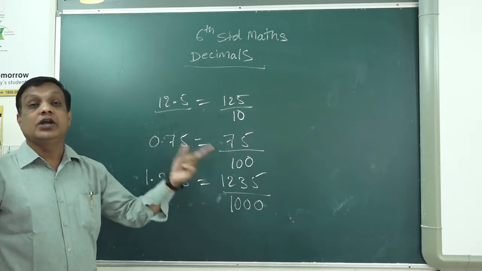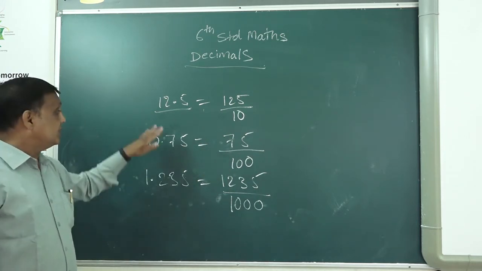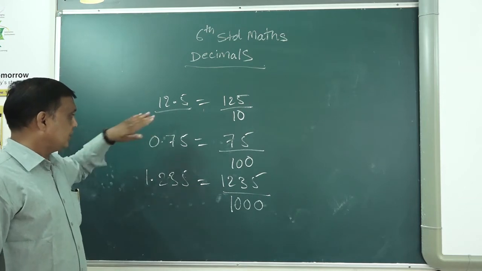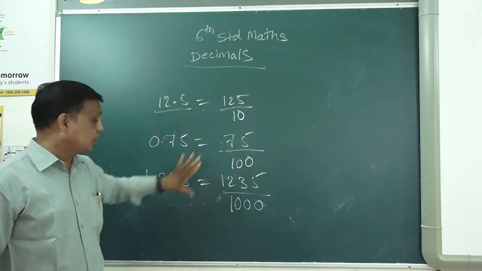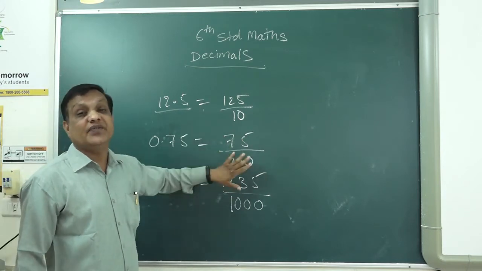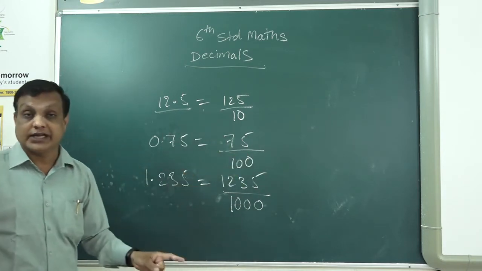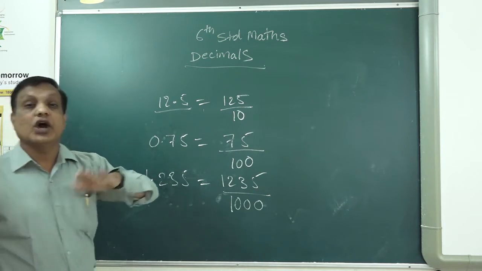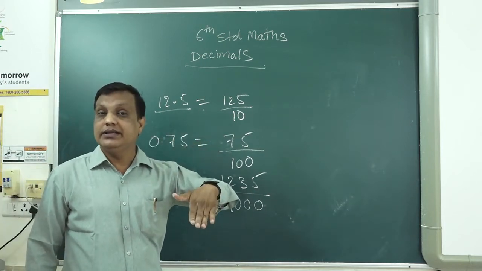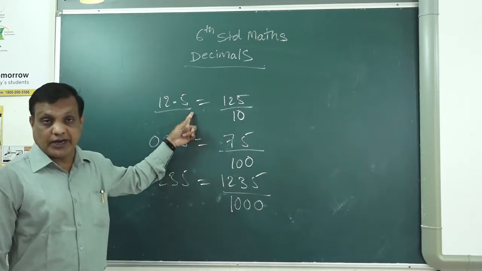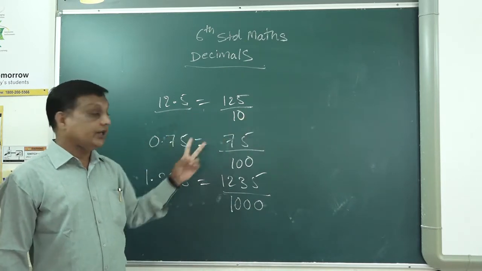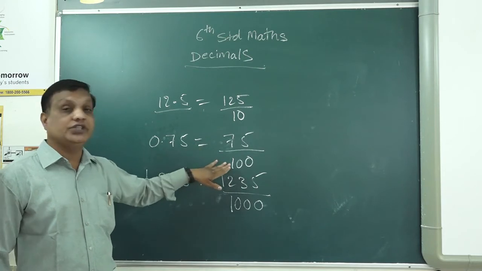How did we convert? Whatever the number is, you write it as it is in the numerator, and in the denominator you check how many digits are after the point. Here 1 digit after the point, I put 10. Here 2 digits after the point, I put 100.